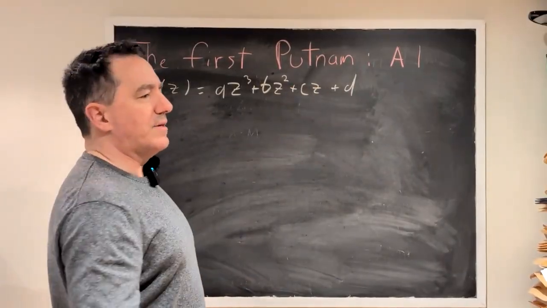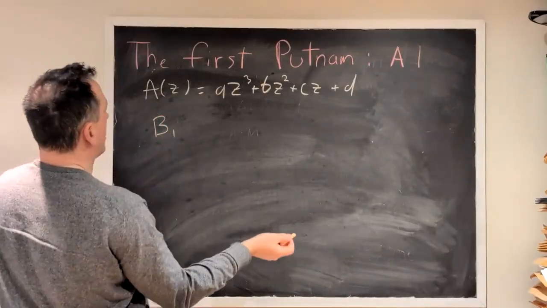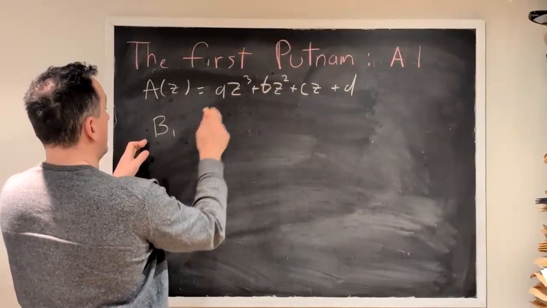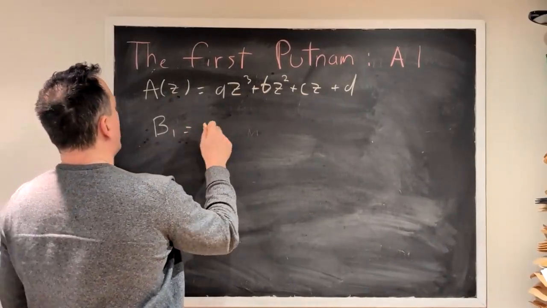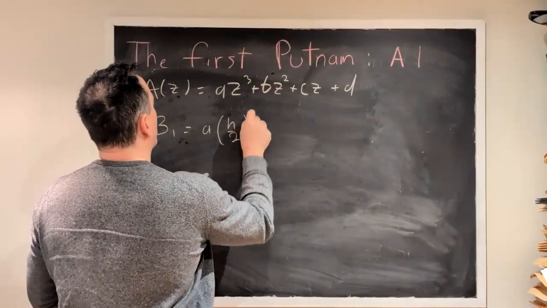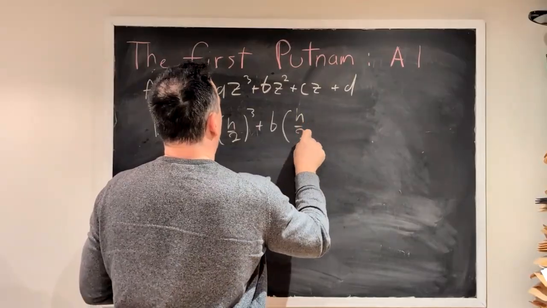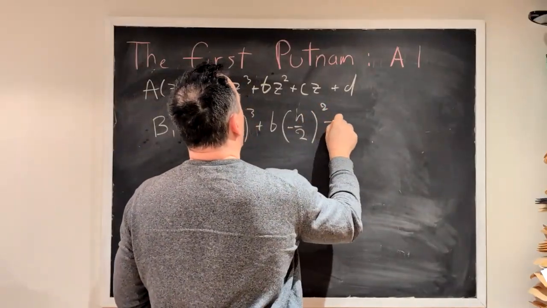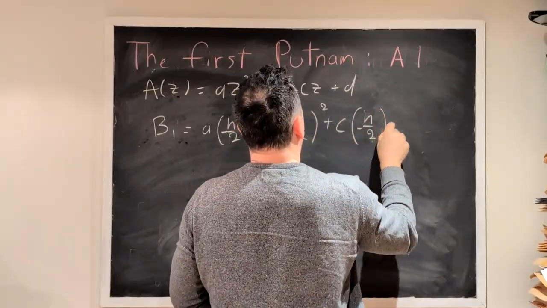We call B1 the area at the bottom, which is simply by plugging the z coordinate of the bottom in this formula, equal to a times (h over 2) cubed. Sorry, this is a minus because this was at the bottom. Plus b times (h over 2) squared plus c times (minus h over 2) plus d.